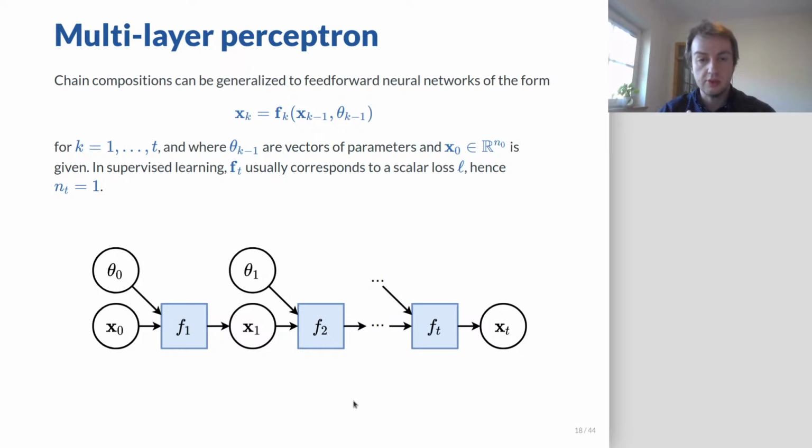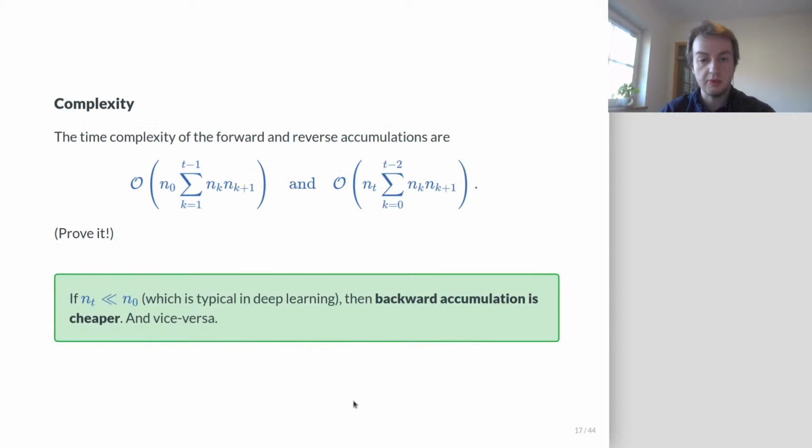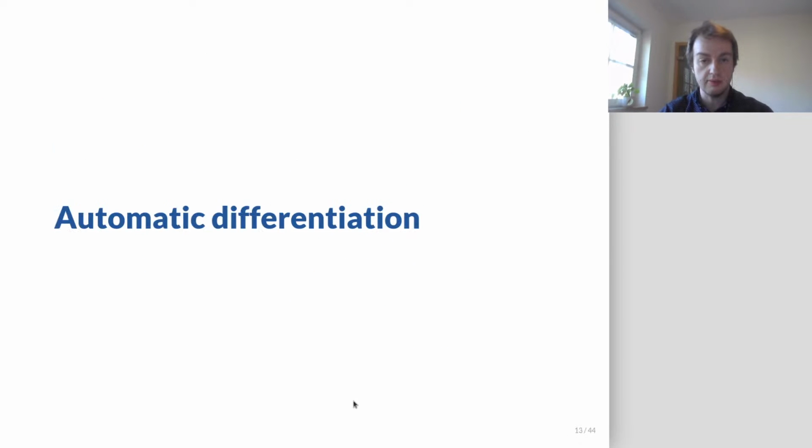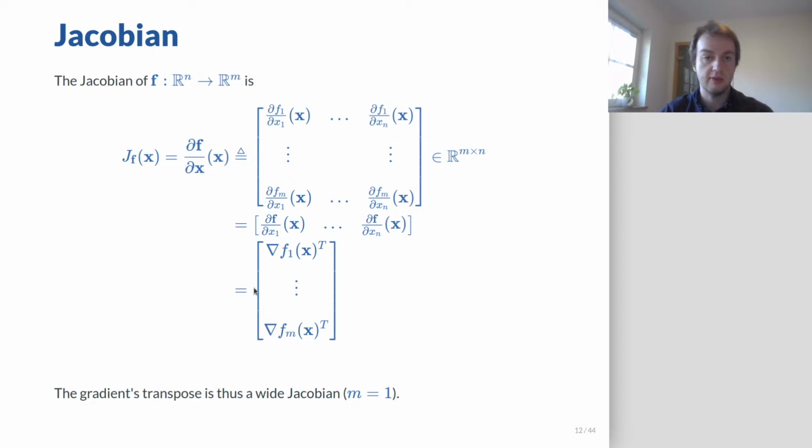To give you a quick recap, what we want to do today is to compute Jacobians, which are generalizations of derivatives for functions that take vectors as input and produce other vectors as output. They are defined as a matrix of partial derivatives.